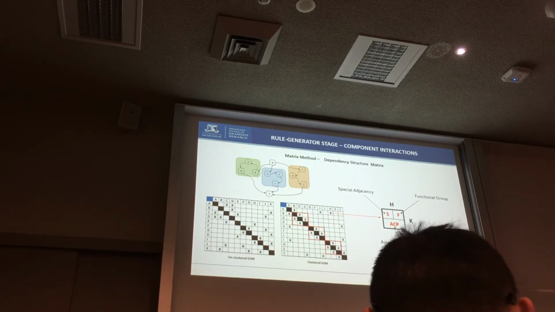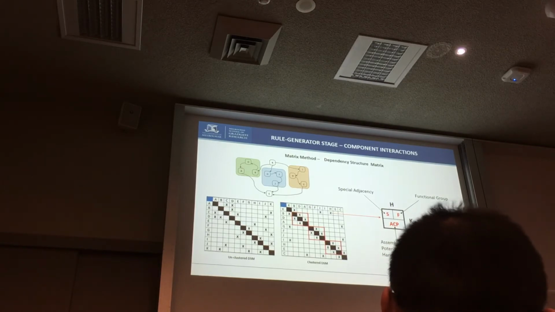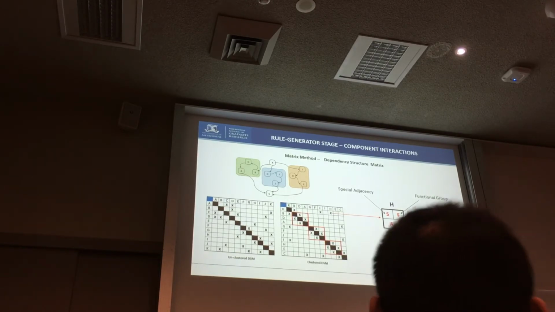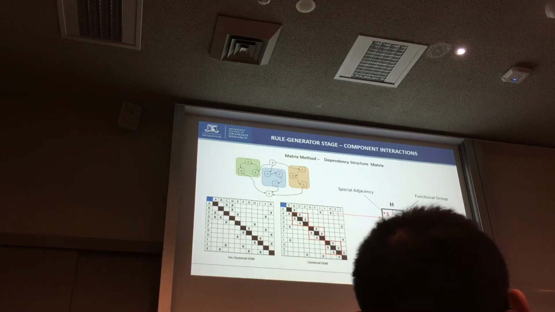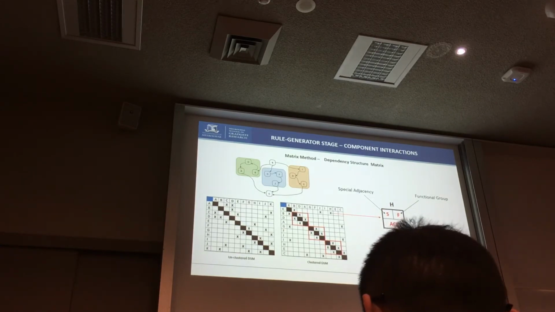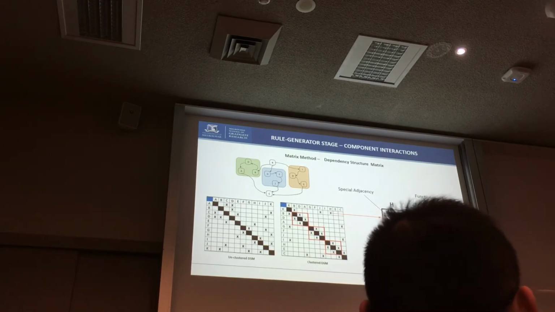Spatial adjacency looks into how close 2 components are to each other in a plant room. Functional groups look into whether 2 interacting components belong to the same function, and the complexity, rework, and resource requirement are more related to the assembly and handling cost of interactions.